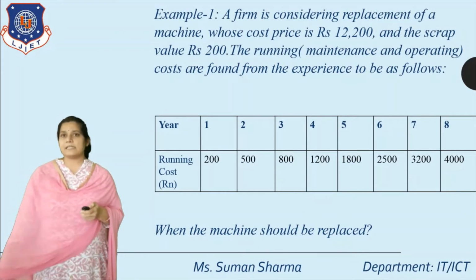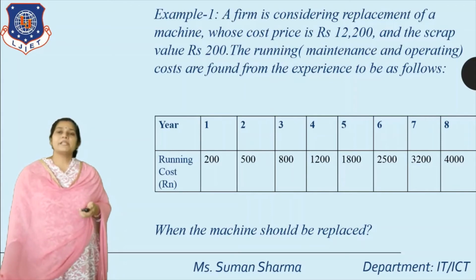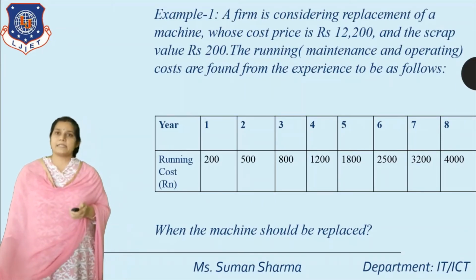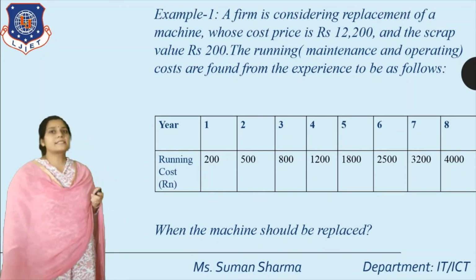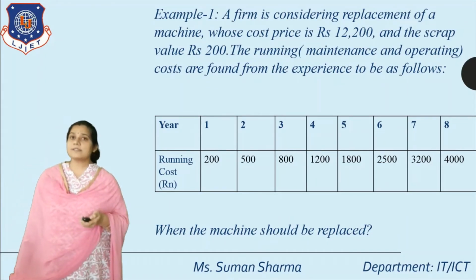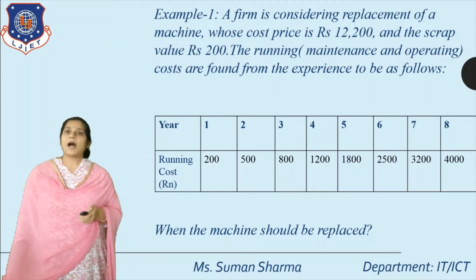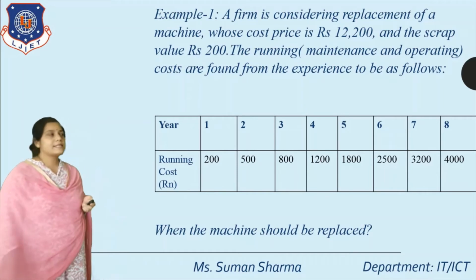The example is, a firm is considering replacement of a machine whose cost price is rupees 12,200 and the scrap value is rupees 200. The running cost, that means maintenance and operating cost, is found from experience to be as follows.